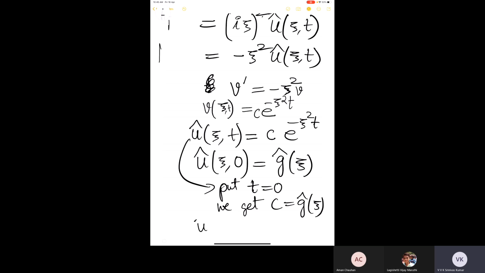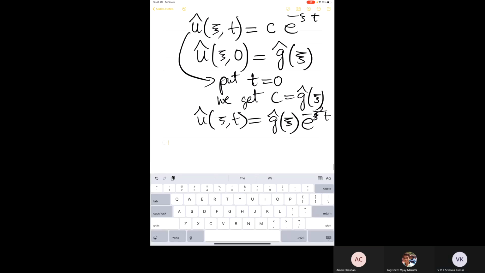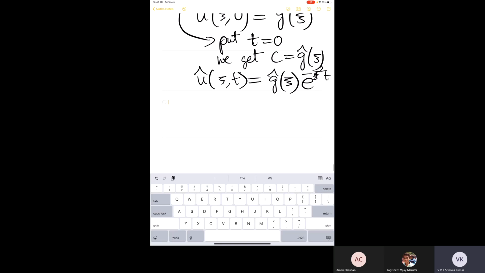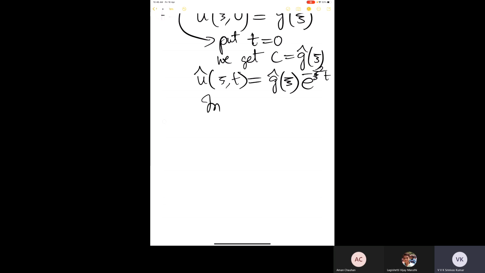So now u cap xi, t is equal to g cap xi times exponential of minus xi square t. Now take the inverse Fourier transform on both sides.